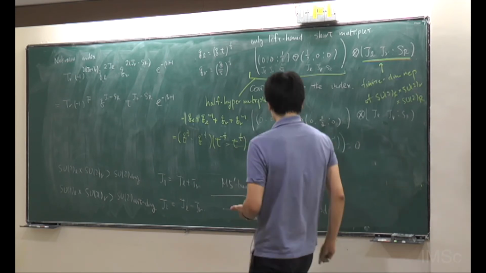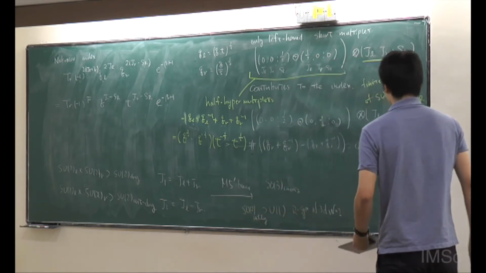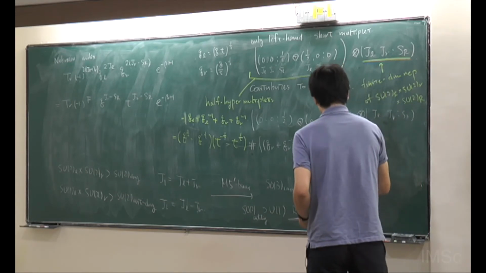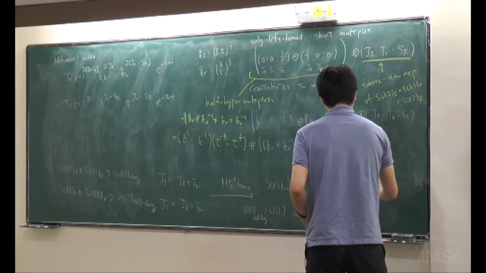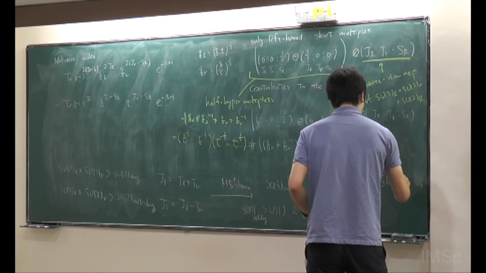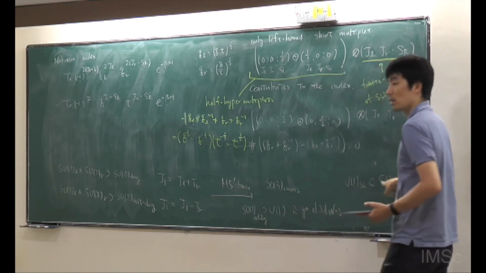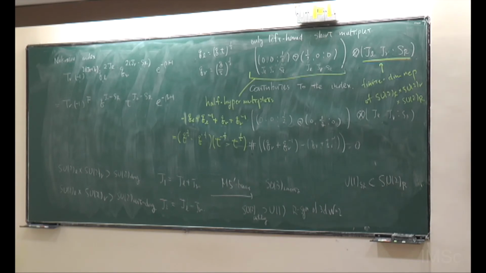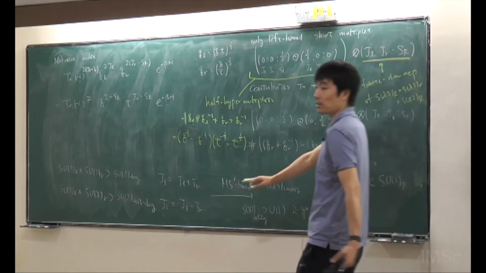Okay. And the extra U(1) SR symmetry is also the U(1) part of SU(2)R, which is here. That's what's going to happen once you put the M5 prime branes.